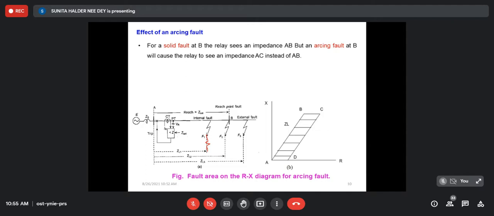So in that case, the fault point will not be short circuited directly to the ground, but it will be short circuited to the ground through arcing. Because if there is any resistance or a small air gap between the fault point and the earth, then there will be an arcing. So for that a resistance will be there. That is called the arcing resistance.